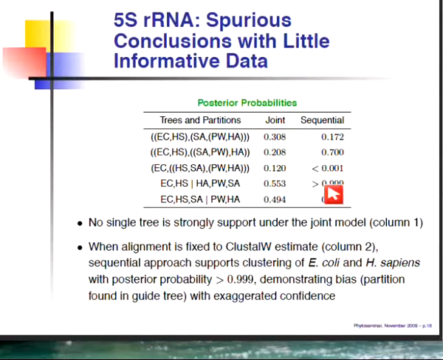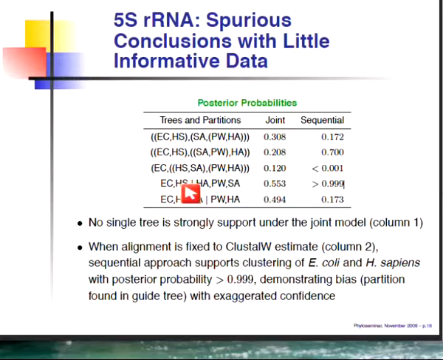And the first thing that you see is that there is supposedly very strong evidence in the data for E. coli, which is a bacterium, being the nearest neighbor to Homo sapiens. And no evolutionary biologist would say that that's the correct partitioning of the data.